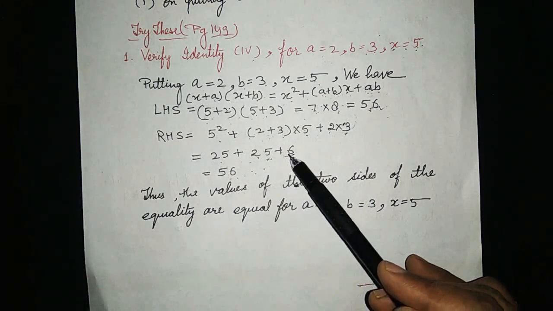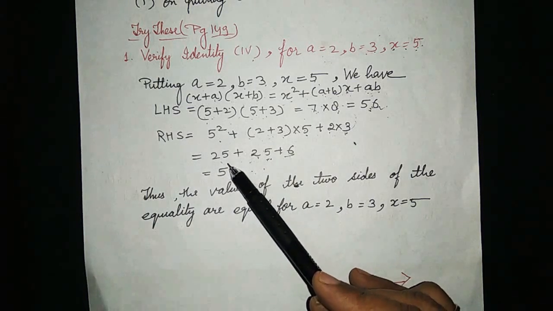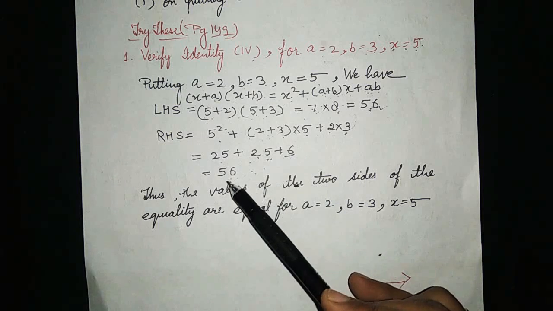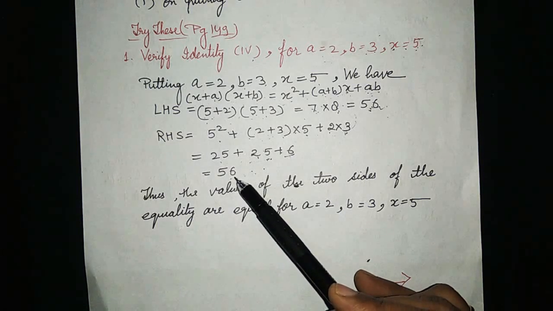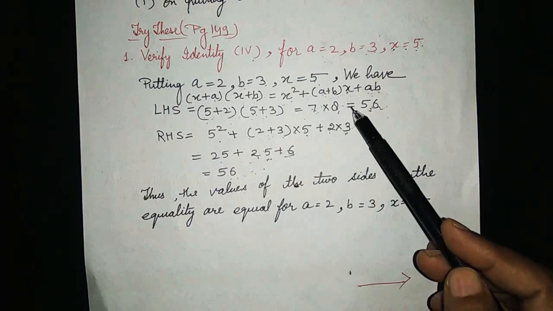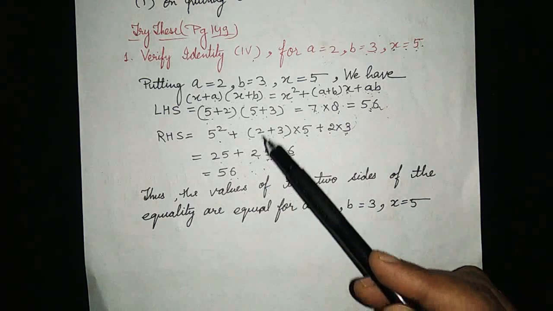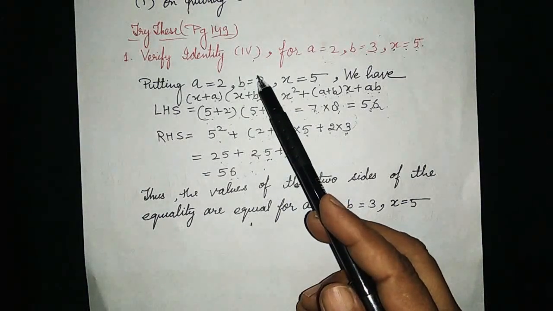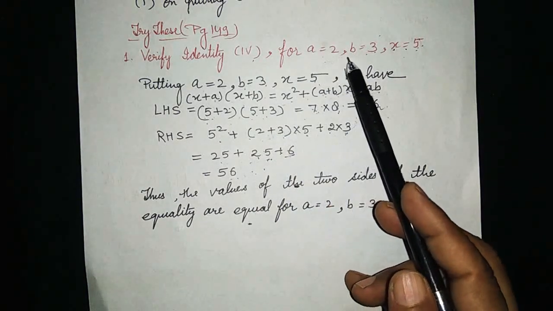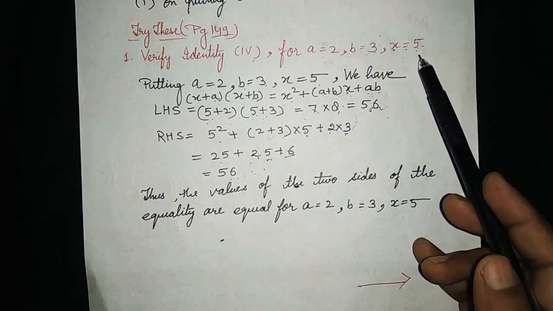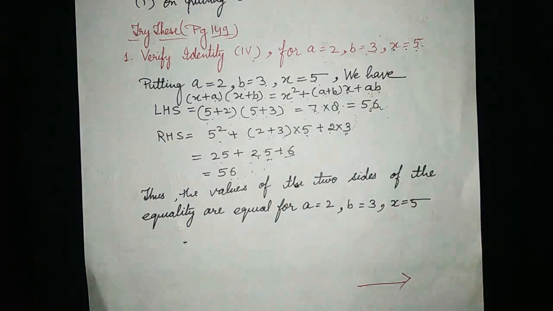Now we will add 25 plus 25 is 50, and 50 plus 6 is 56, and here we can see left hand side is coming equal to right hand side. Hence the identity 4 is verified for a is equal to 2, b is equal to 3, and for x is equal to 5.